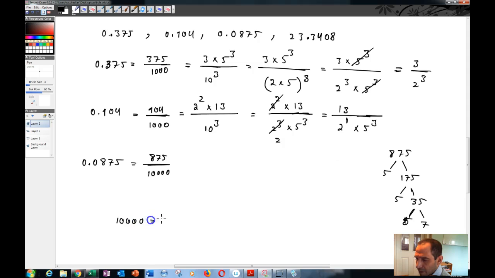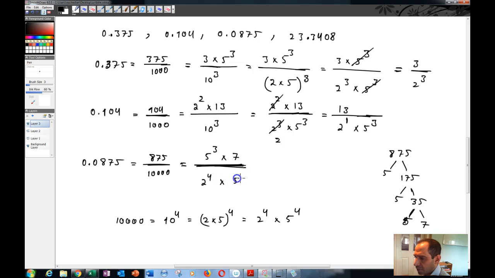And 10,000 is the same thing as 10 raised to the power 4, which is equal to 2 times 5 whole raised to the power 4, which is 2 raised to the power 4 times 5 raised to the power 4. So this is equal to 5 cubed times 7 over 2 raised to the power 4 times 5 raised to the power 4.